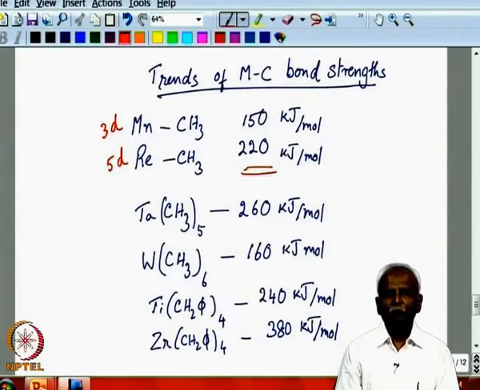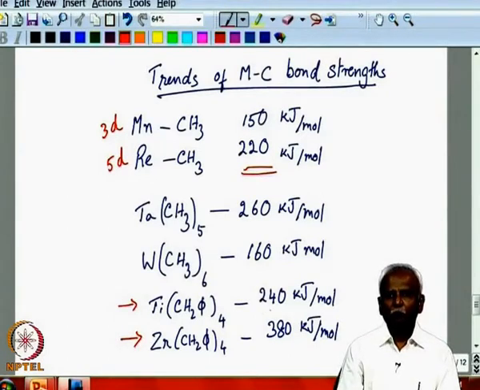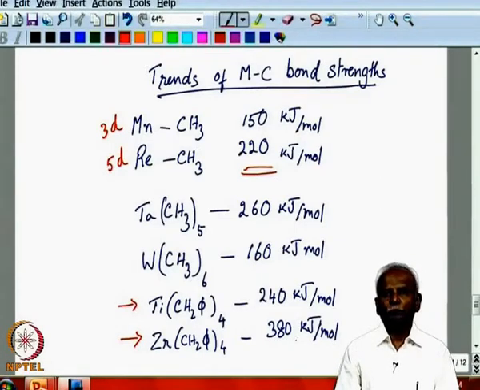So, this seems to be a general phenomenon. If you go from titanium to zirconium, once again you have a bond strength increase of nearly 50%. So, from 240 kilojoules per mole, you end up with 380 kilojoules per mole.